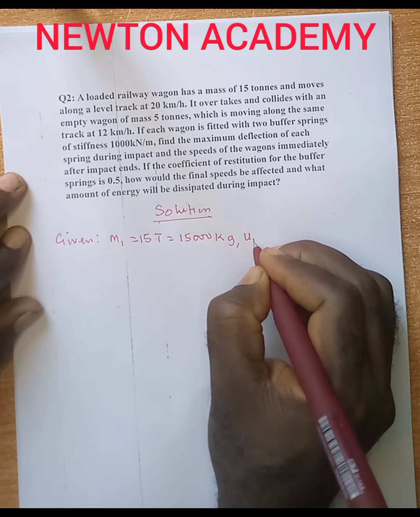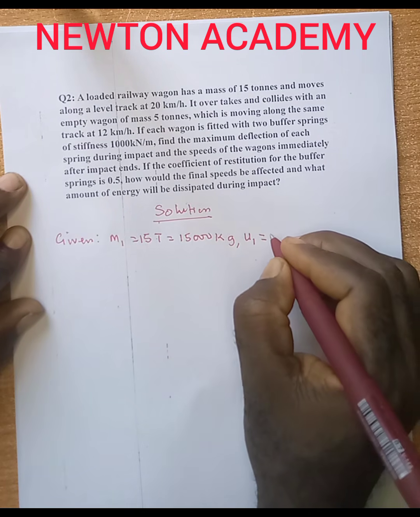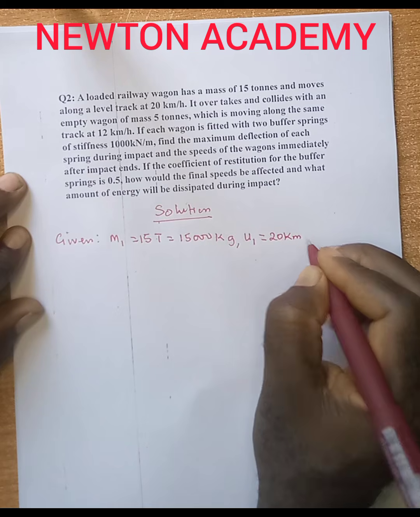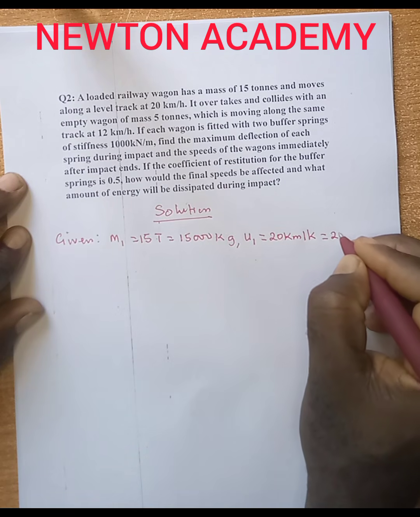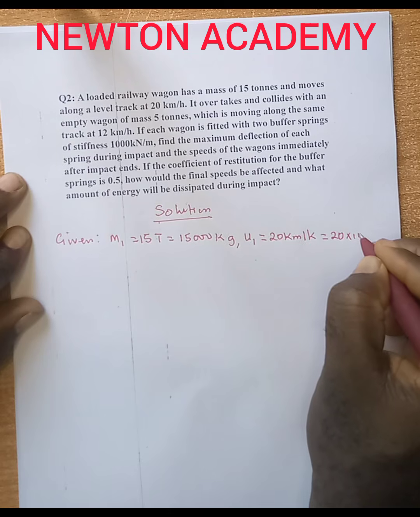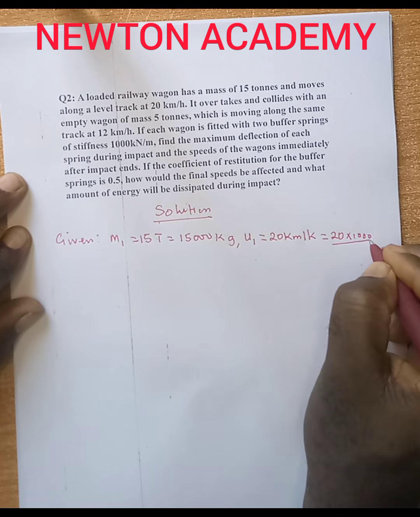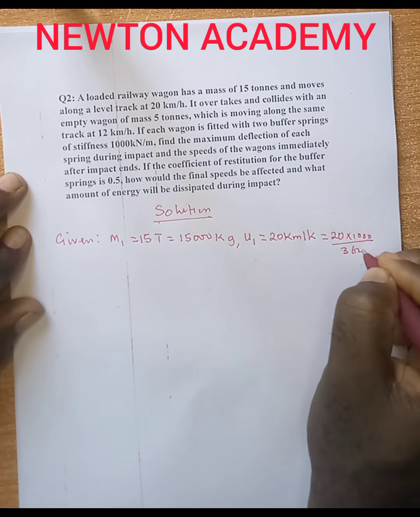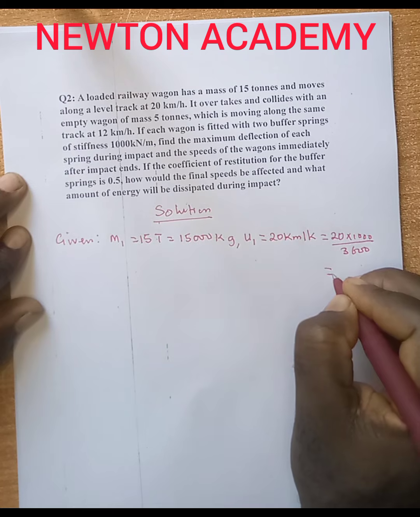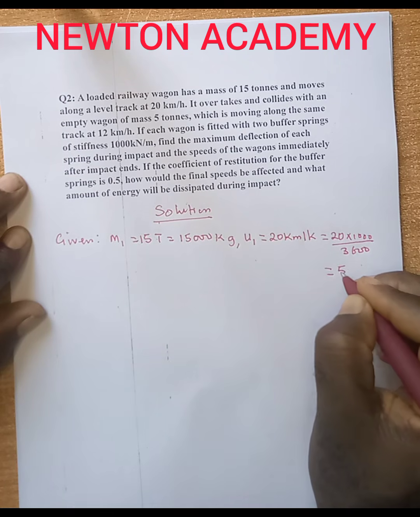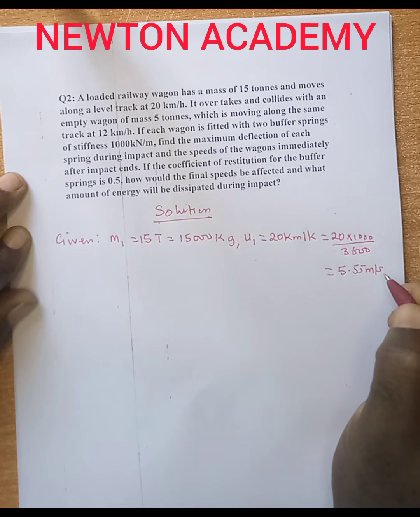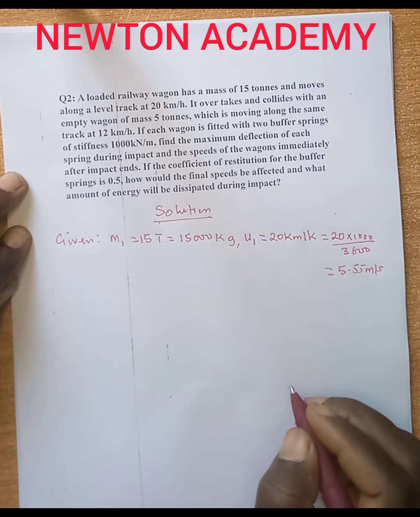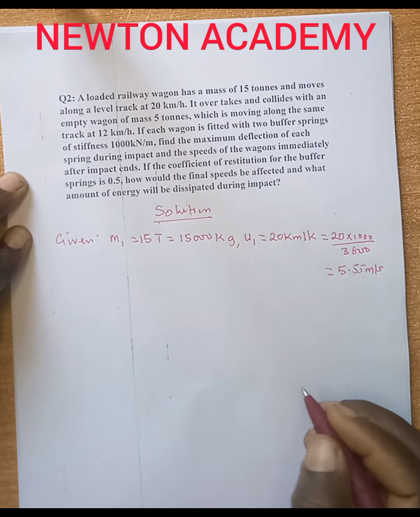Let's call this one U1, which is 20 kilometer per hour, which is equal to 20 multiply 1000 divides 3600, and this gives 5.55 meter per second.